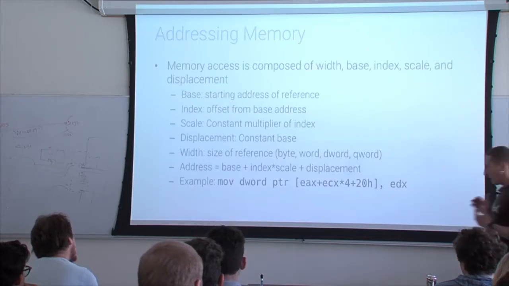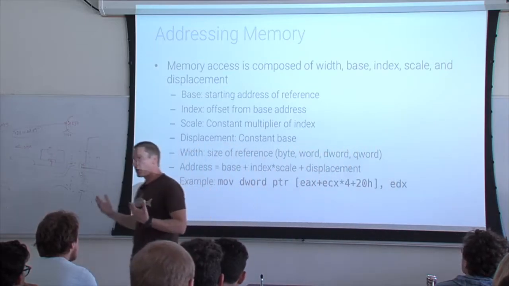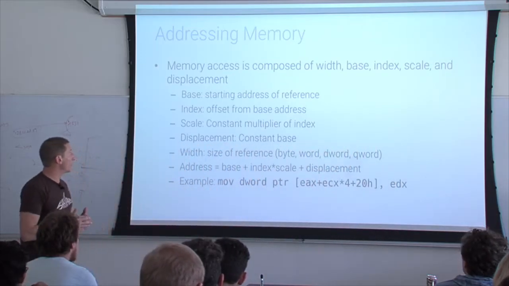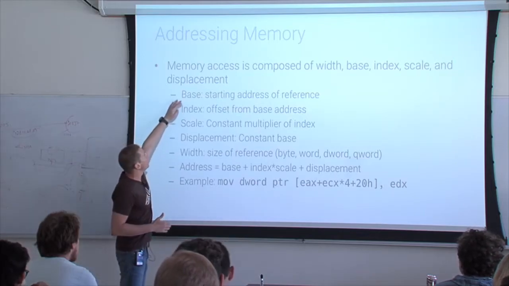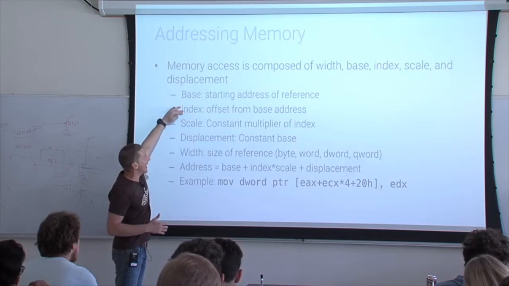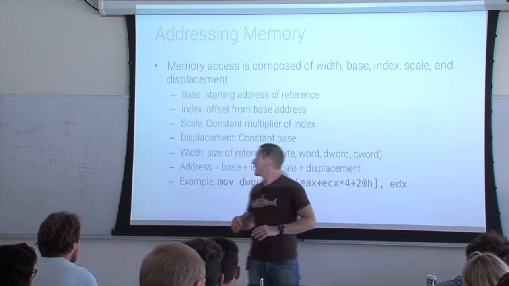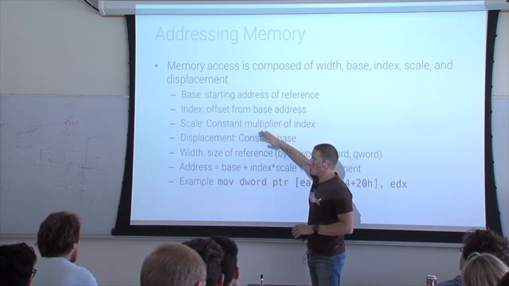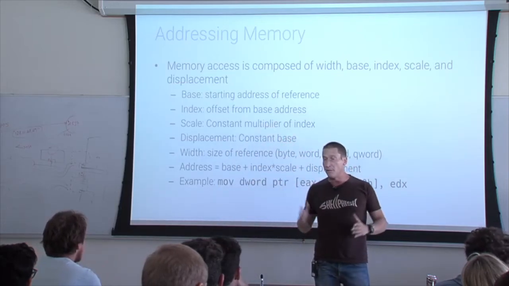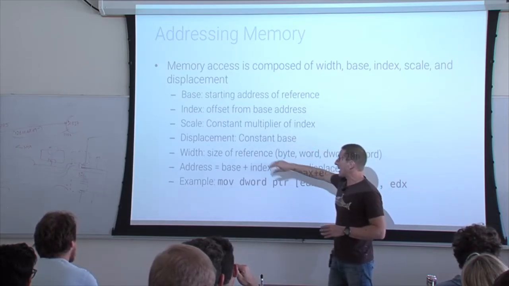Memory in x86 is referenced using a composition of different parts. There is a base, which is sort of like the starting address, an index, which can be an offset from the base address. You have a scale, which is a constant like 1, 2, 4, 8, and a displacement and a size of the reference.